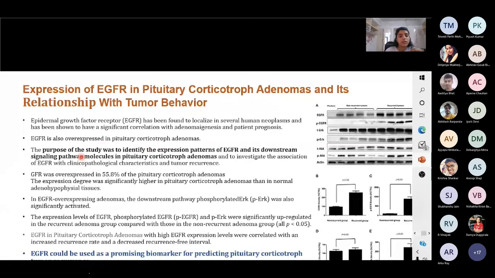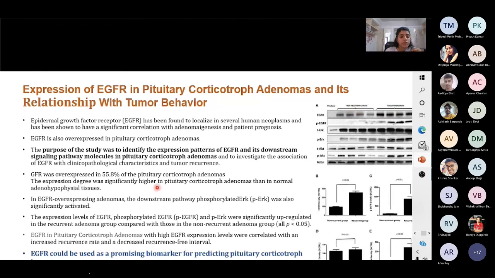So the purpose of this study was to identify the expression patterns of EGFR and its downstream signaling pathway molecules in pituitary corticotroph adenomas, and to investigate the association of this EGFR with pathological characteristics and tumor recurrence in case of the pituitary gland. So EGFR was overexpressed, like 55%, in pituitary corticotroph adenomas. The expression degree was significantly higher in pituitary than in non-pituitary adenomas.